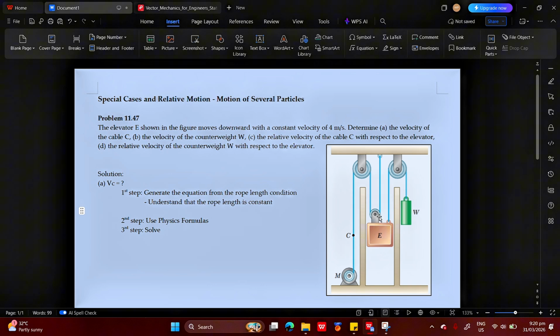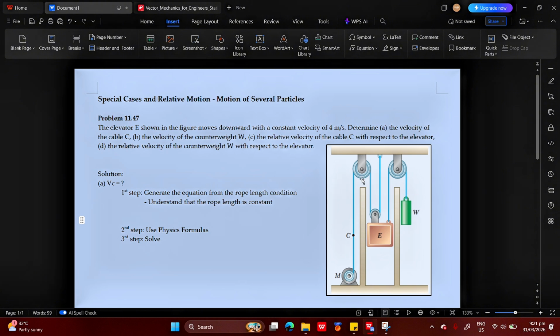And also this other pulley rope length, the rope here, even if the objects move, will never change. Even the gap between the pulley and this ceiling fixed support is constant. Even if object E and point C move, the gap will never change. That's why ignore the constant lengths. Ignore them, okay?